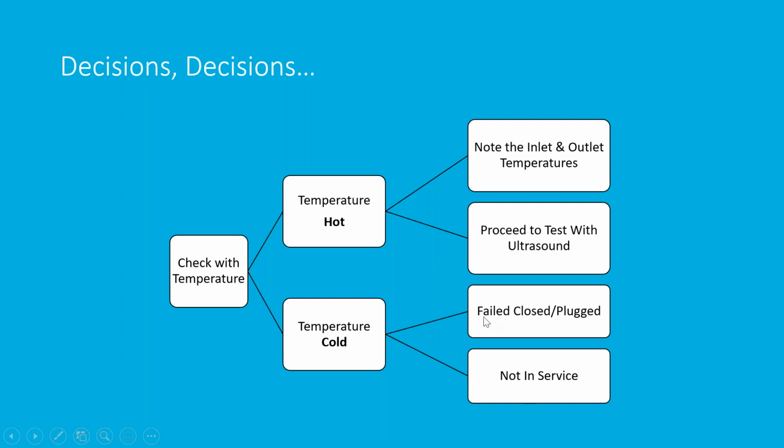If we have cold temperature and the valves are open, then it could be a potential where we have a failed closed or a plugged trap to where steam is not reaching the trap. So we'd need to determine that. If we have hot temperatures, then we want to note the inlet temperatures and the outlet temperatures, and then we can proceed to test with ultrasound.